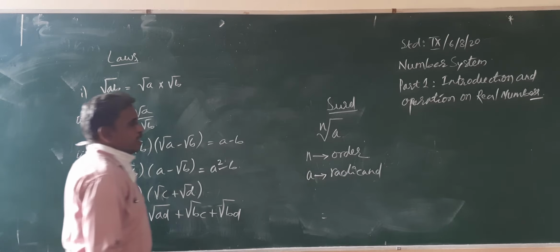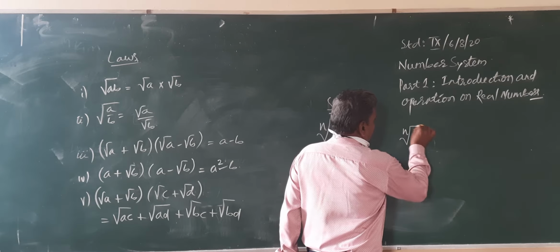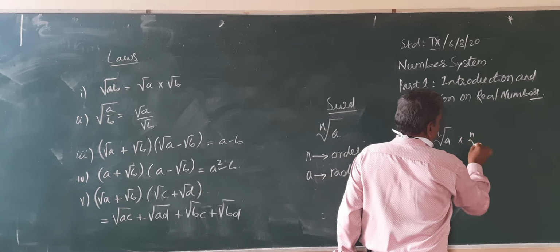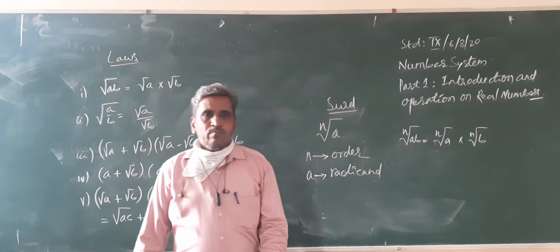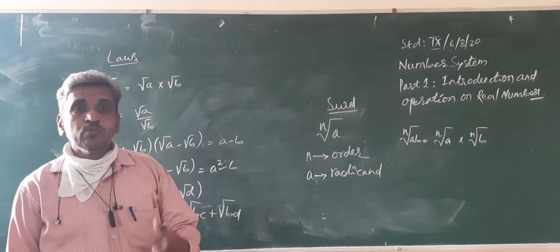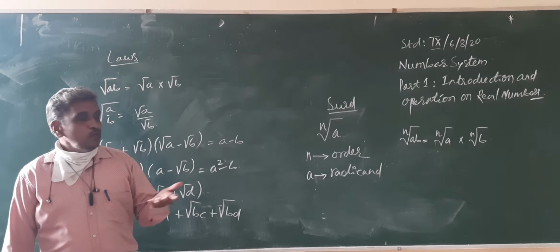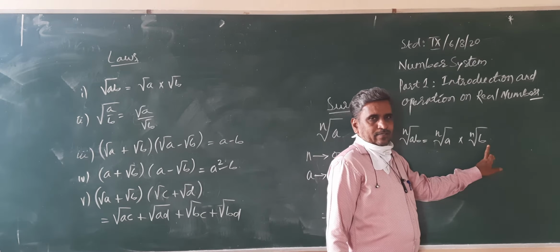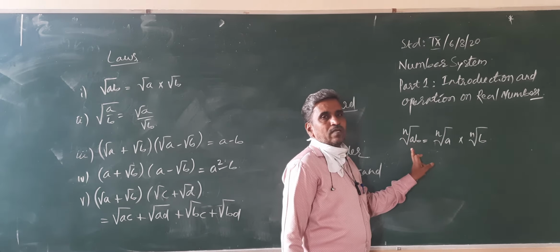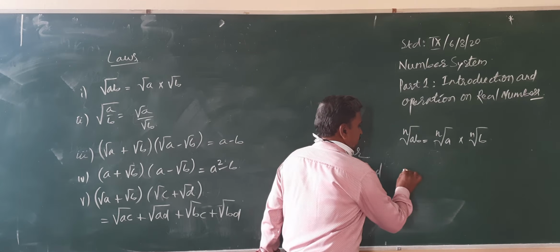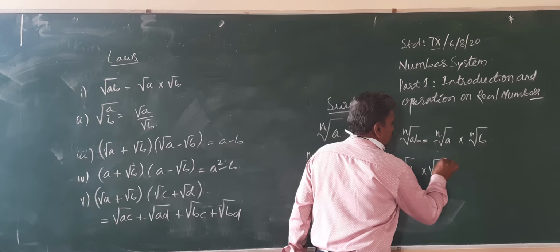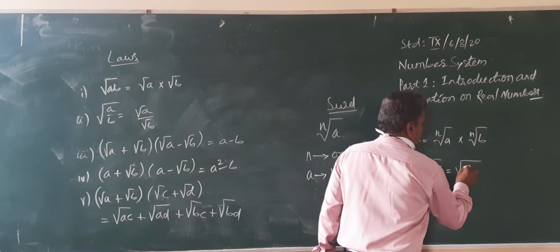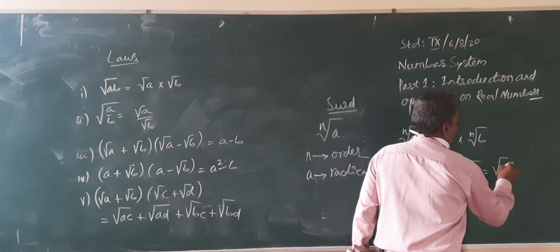When the order is the same, the nth root of a into the nth root of b. n whatever may be, it may be 2, 3, cube root, 4th root, 10th root. If two radicals have the same order, keeping the order the same, multiply the radicands. Just for example, root 3 into root 5: the order is 2, so keeping that root, 3 into 5 equals root 15.